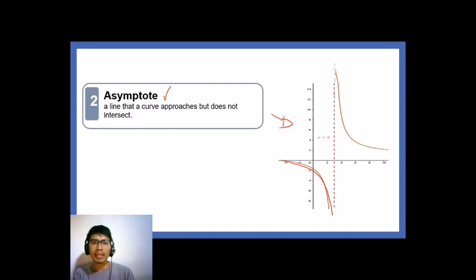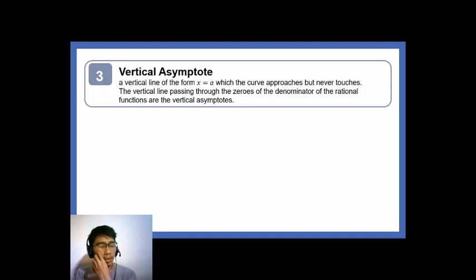So in asymptote, we have lots of things that we need to remember or familiarize ourselves with. Let's begin with the vertical asymptote. These are the types of asymptote that we need to take note of once we are dealing with rational functions, because asymptotes, ladies and gentlemen, are a very important characteristic of our rational function.